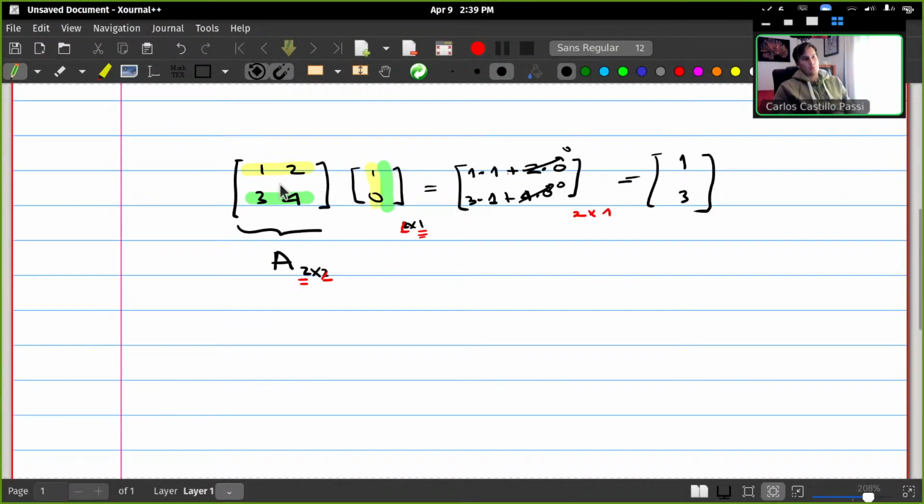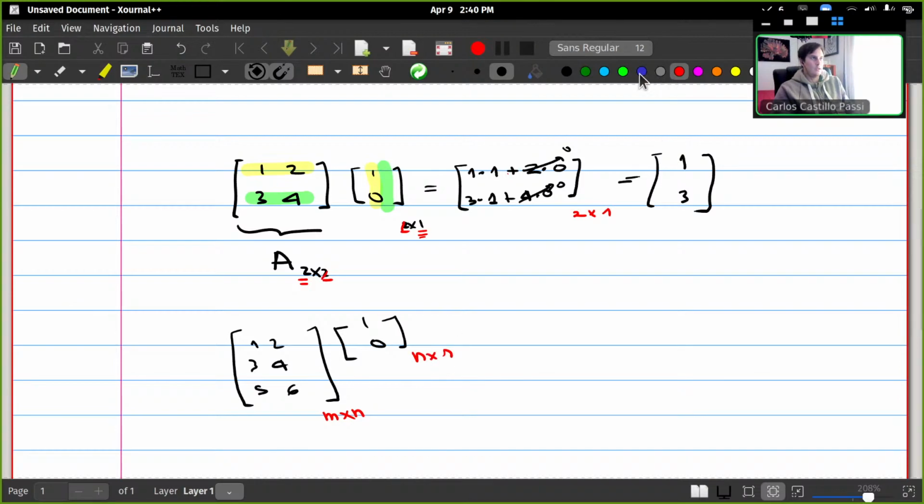in this example, we used a matrix with 2 rows and 2 columns. But if we did, for example, 3 rows and 2 columns, 1, 2, 3, 4, 5, 6, we can use the same and it will work. The only case this will not work is if these dimensions here are not compatible.